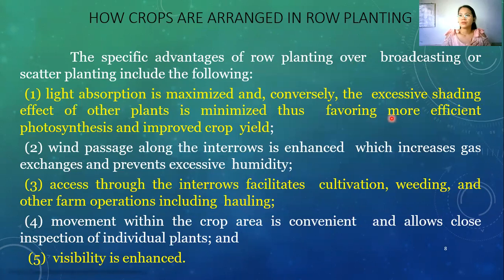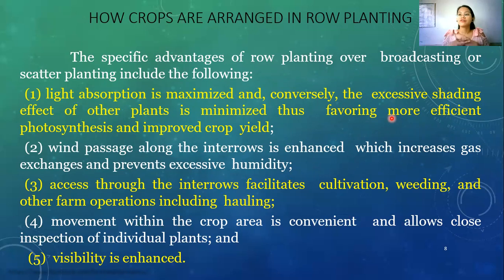Now, there are specific advantages of row planting over broadcasting or scatter planting. What are those? First, light absorption is maximized, and conversely, the excessive shading effect of other plants is minimized, thus favoring more efficient photosynthesis and improved crop yield. When you are doing row planting, you can avoid excessive shading by other plants.